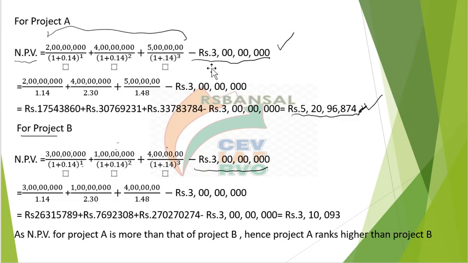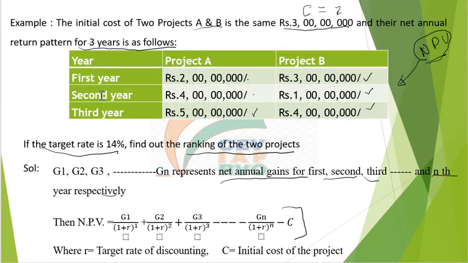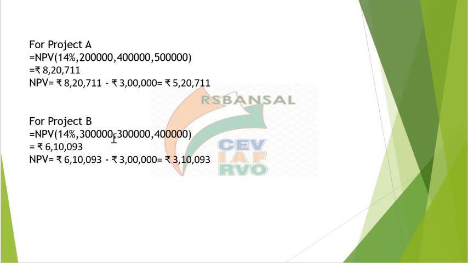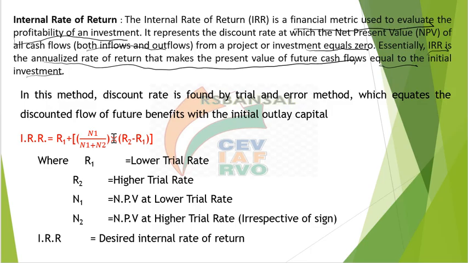So here, the discount rate in net present value, this target rate was given to you, 14%. But in internal rate of return, you have to find the rate. Your aim is to find the target rate of return at which net present value equals zero.